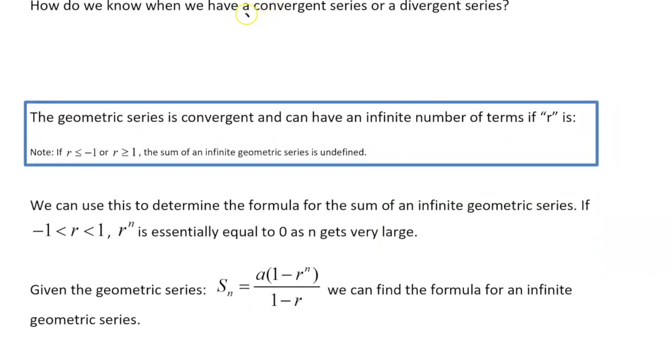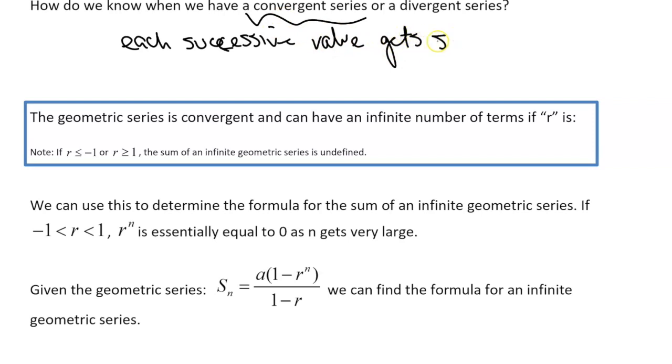And if you want to know how do we know if something's converging or diverging, you could say something's converging if the values are getting smaller. So you could say if each successive value gets smaller, but that's actually not the best definition because we haven't taken into account positives or negatives.